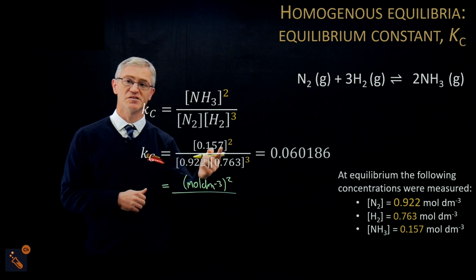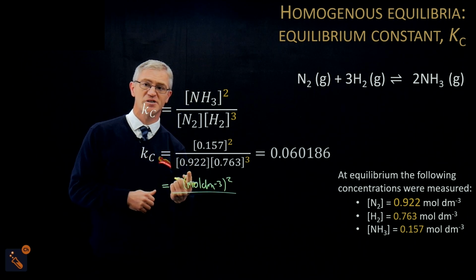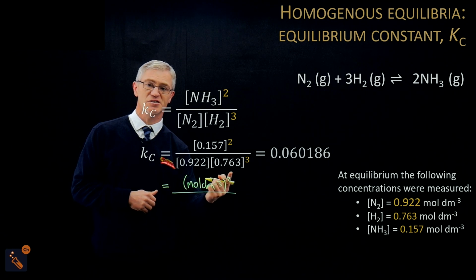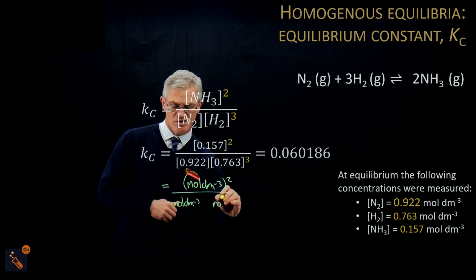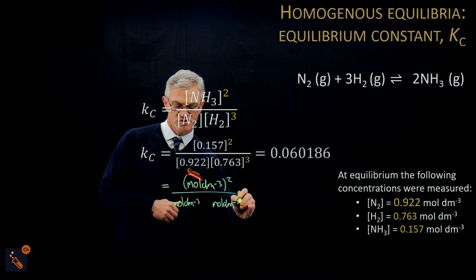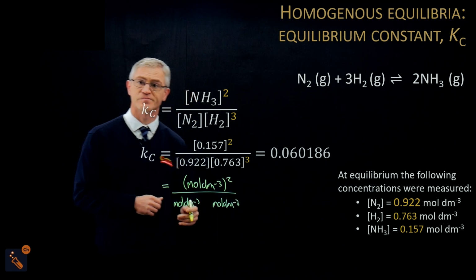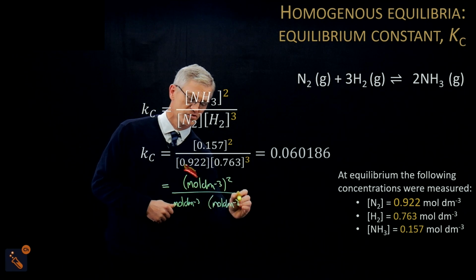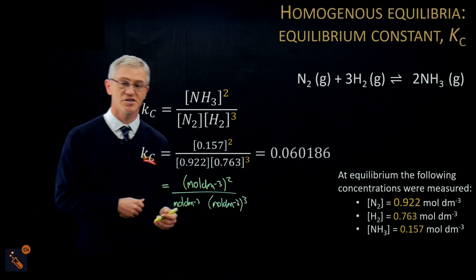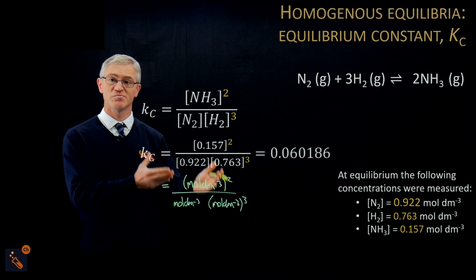All I'm doing is copying this 2 down. And then I've got a moles per decimeter cubed for this one, and a moles per decimeter cubed for that one. So I'm going to put moles decimeter cubed, and then moles decimeter cubed again. Now, this one is raised to the power 3, so therefore I need to put 3. And now I've got my equation, but just in the units.